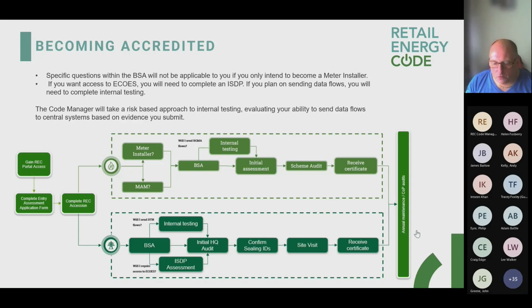Once successfully completed, you'll actually receive your certificate and you're then free to go off and work. In effect, for either of those processes, they both then fall into the annual maintenance code of practice audits. But I'll come back to that in a short while.